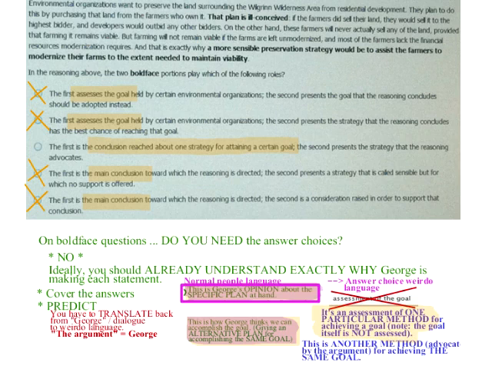So let's consider the second boldface. It's another method that the argument thinks will achieve the same goal. So this is wrong because George is not giving another goal. He's just giving another way to achieve the same goal, so double X.